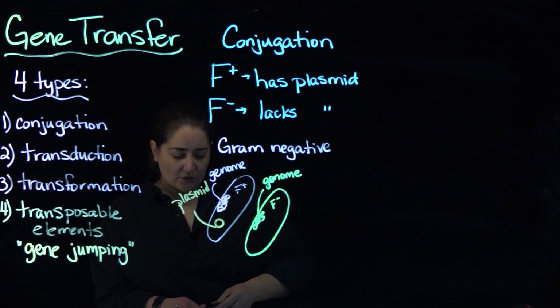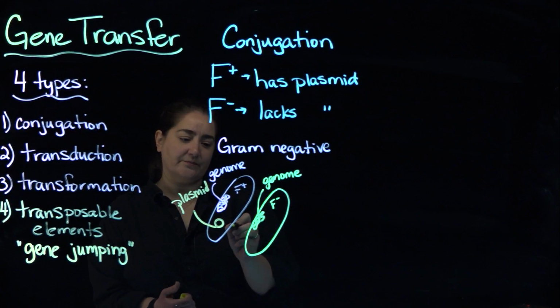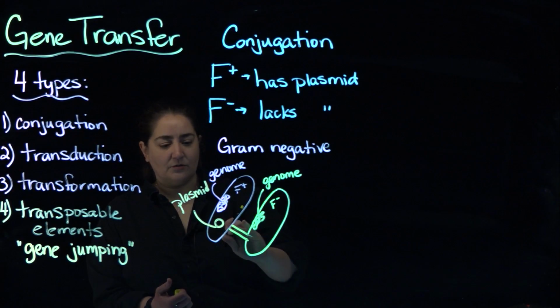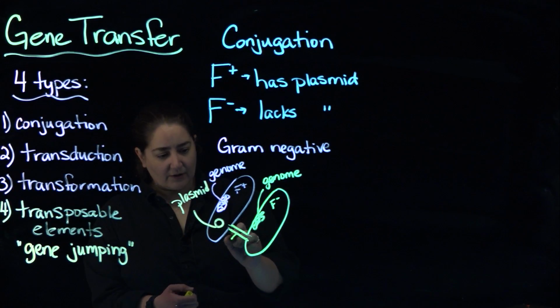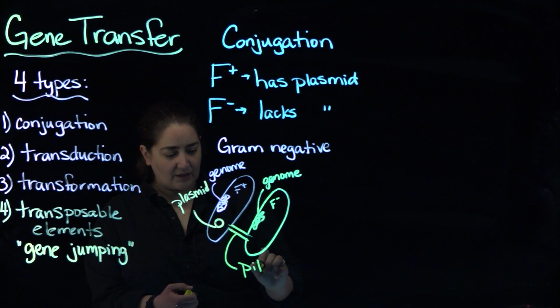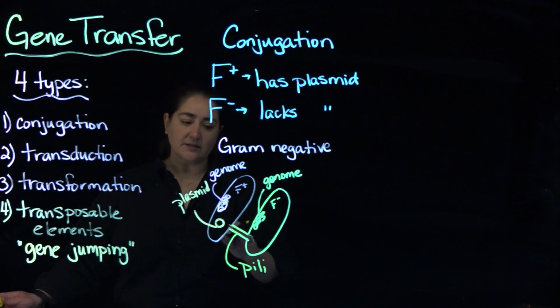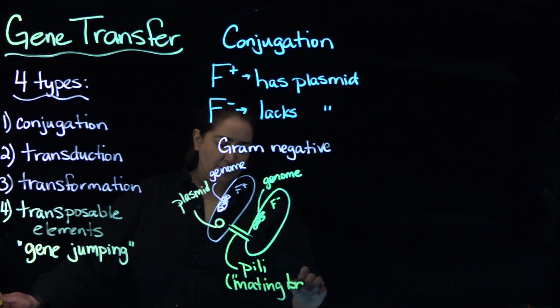All right? So what we have with bacteria and the process of conjugation, I'm going to draw it over here just because of how I drew the 2 bacteria. So what you're going to have with the conjugation is the formation of pili. Okay? Sometimes it's not pili, sometimes it's referred to as a mating bridge. You'll see either of those terms used.